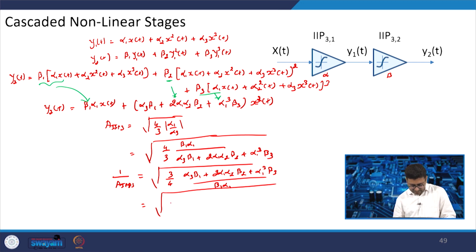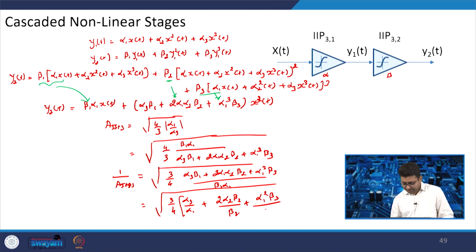Then you will get, if we do the square of this, first we will find out alpha 3 by alpha 1 plus 2 alpha 2 beta 2 by beta 1 and then alpha 1 square beta 3 by beta 1.